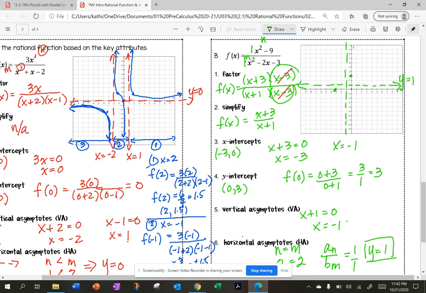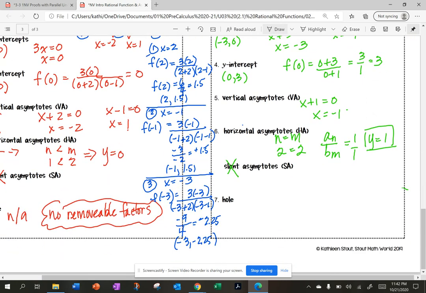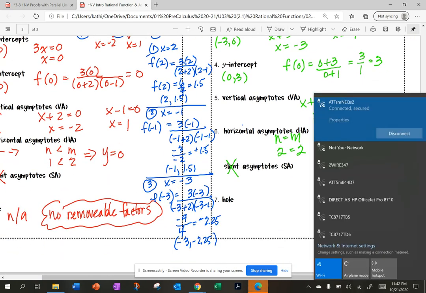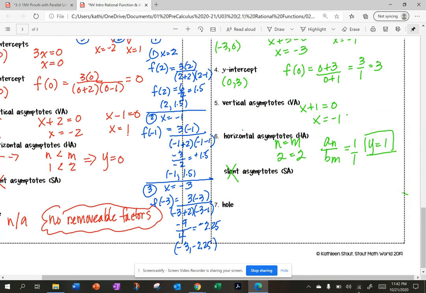So this is where I start by taking that removable discontinuity, which is x minus 3, and set that equal to 0. So x equals 3. And then I put this in the simplified equation.